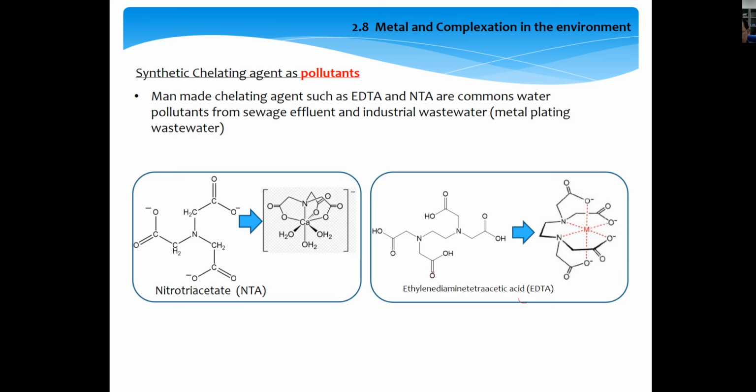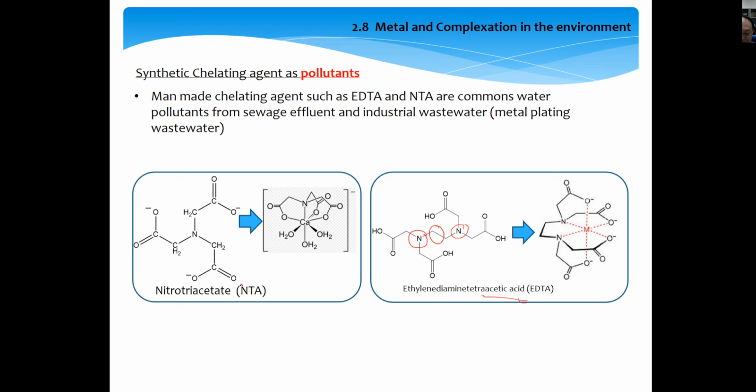EDTA's full name is ethylene diamine tetraacetic acid. So you have ethylene here, CH2CH2, and then you have two amines, so we call it diamine, and tetraacetic acid, you have four acetic acid groups. You can see from this structure, all these oxygen atoms and nitrogen atoms can donate their lone pair electrons to metal.